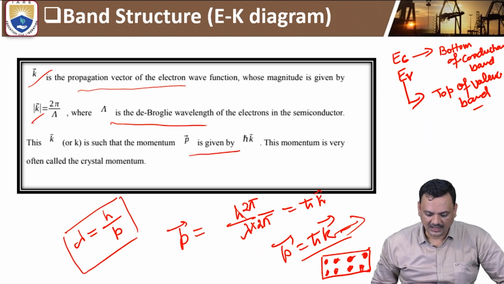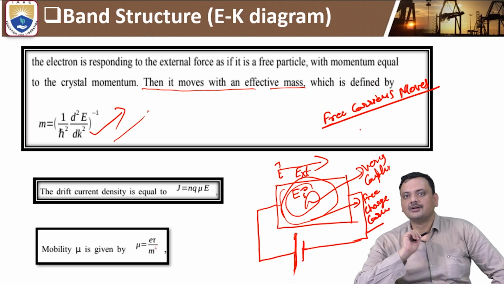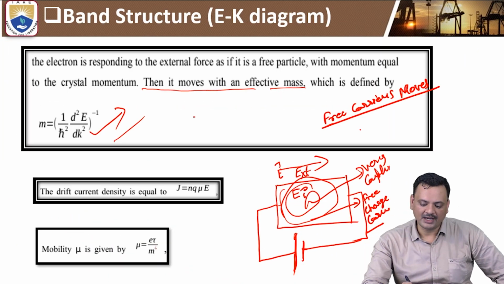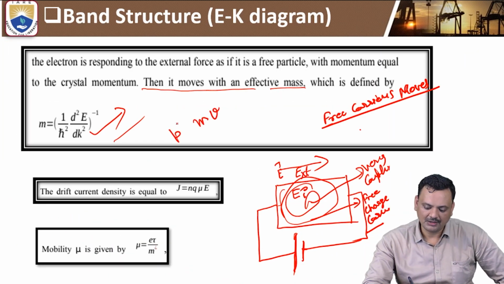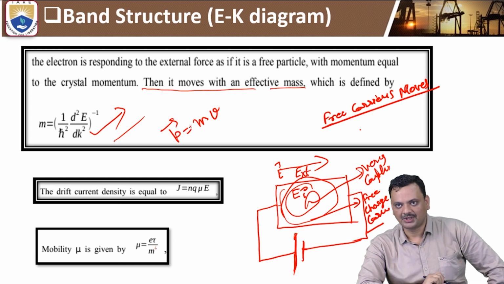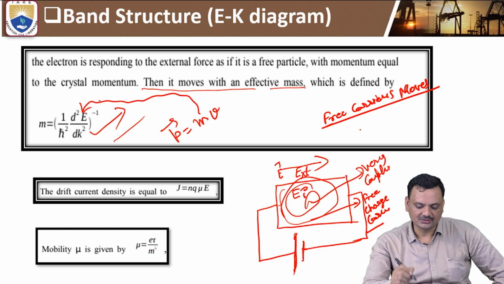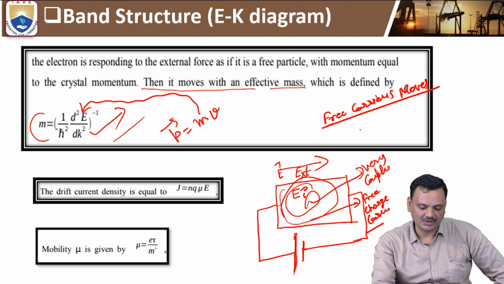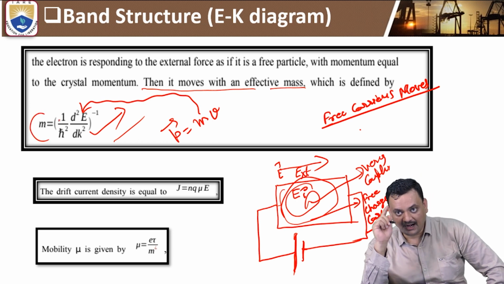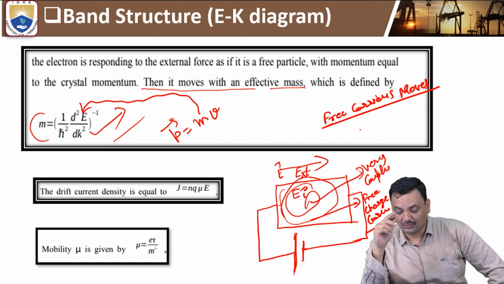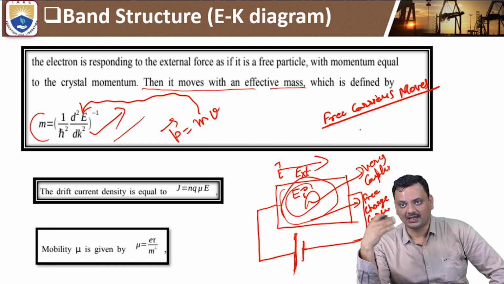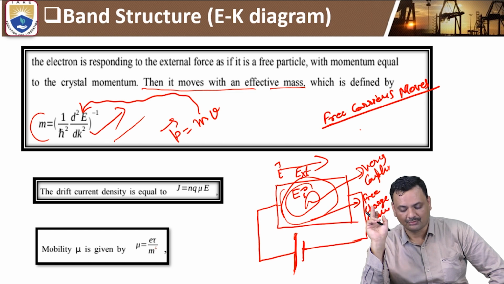I already gave that. Momentum is simply m into v, so when a free charge carrier is moving, that m is nothing but the effective mass, and the motion of that free charge carrier will govern the crystal momentum.